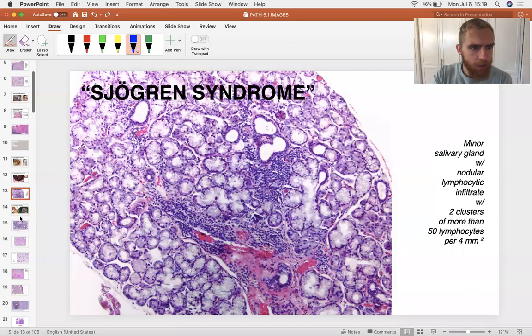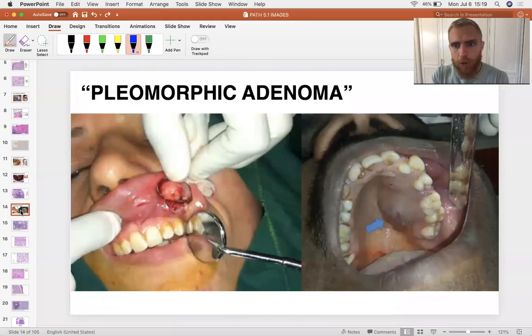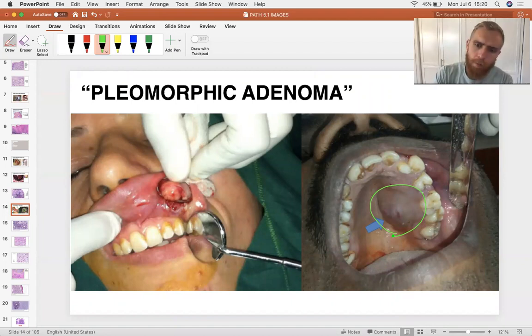So let's take a look at some pleomorphic adenomas. This is how they're going to present grossly, visually. Again, they're going to be on the inside of the mouth. You can tell that this one is coming from a submandibular gland? No. What gland is that coming from? Parotid gland, probably. This here, is that coming from the parotid gland?